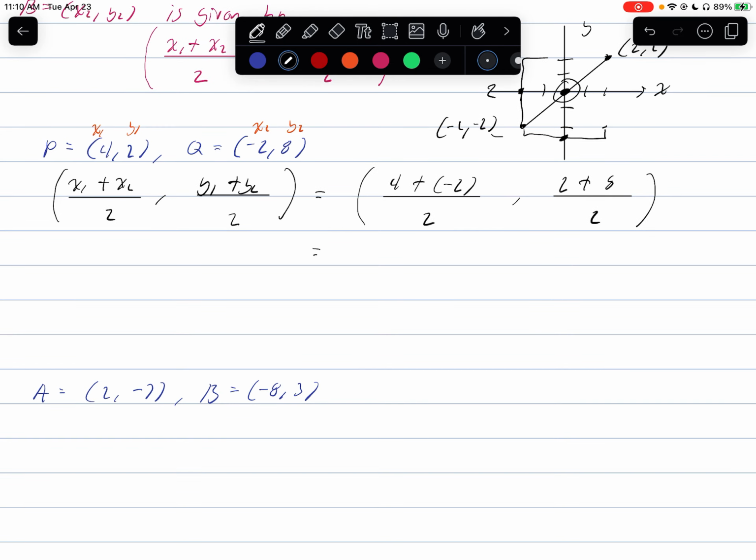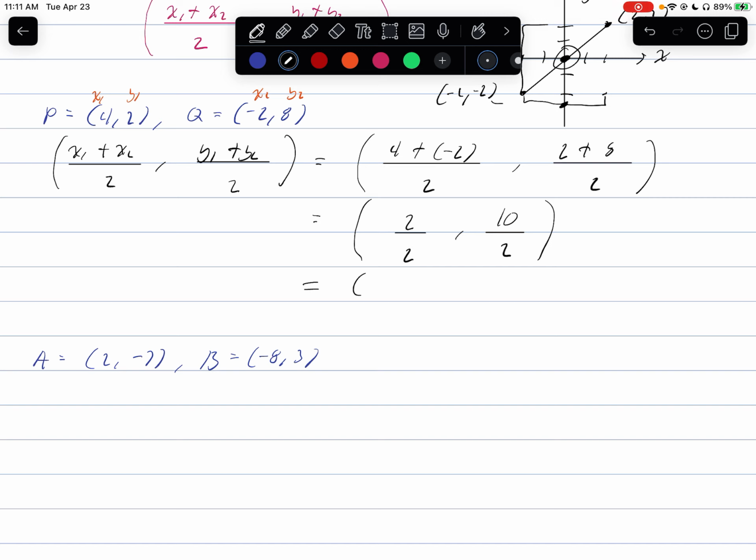If we simplify this, we have 4 plus negative 2, that's the same as 4 minus 2, so we're going to have 2 over 2. And then here we're going to have 2 plus 8, which is 10 over 2. Then we simplify each of these. 2 over 2 is 1, and 10 over 2 simplifies to 5. So it looks like the midpoint between these 2 points is going to be (1, 5).